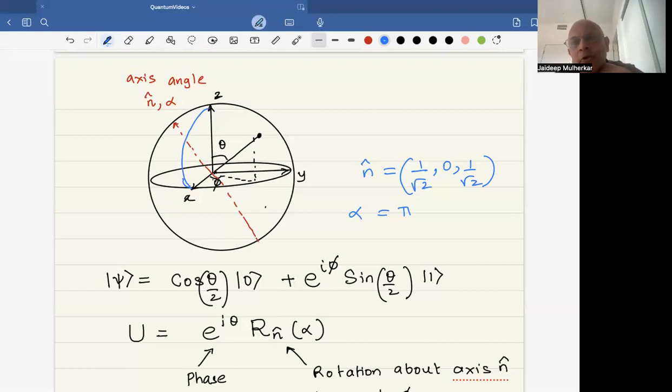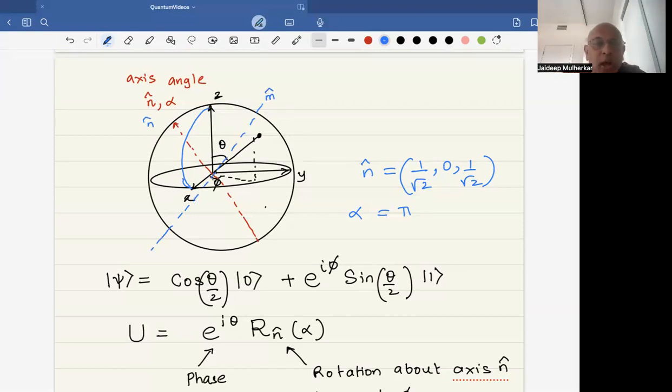So now the idea for universal quantum computation is the following. Suppose I'm able to construct any arbitrary angle about a fixed axis, let's say n, and then I'm also able to construct an arbitrary rotation about another fixed non-parallel axis. So this is my axis n, and this is my axis m.